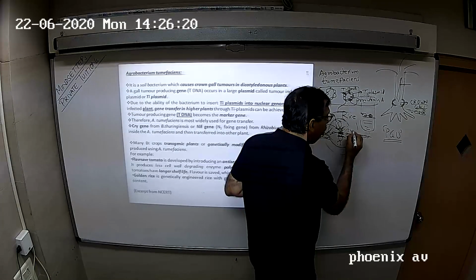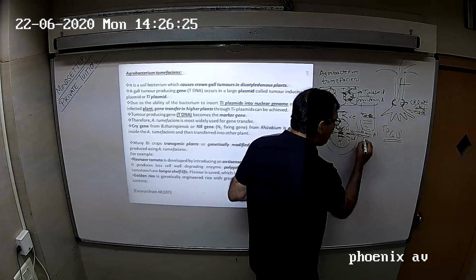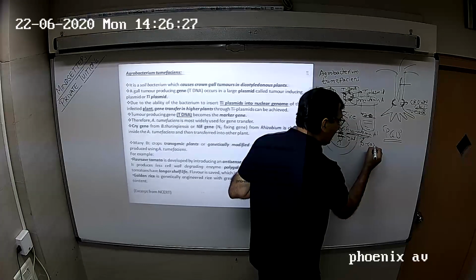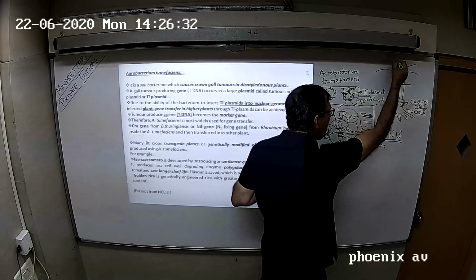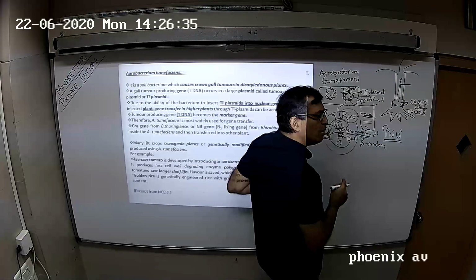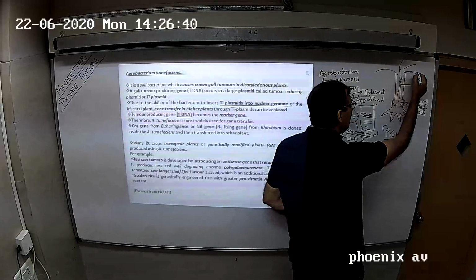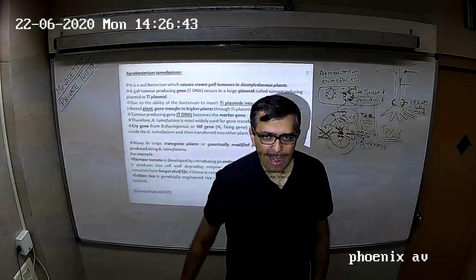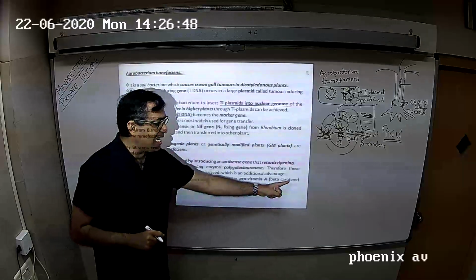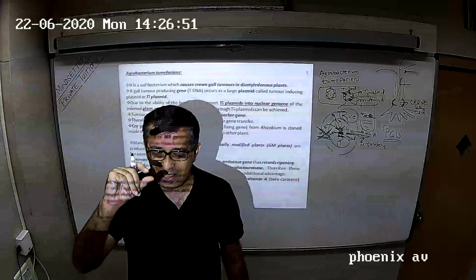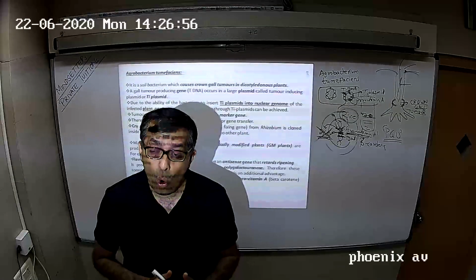T-DNA and provitamin A. When the rice plant grows, it will produce crown gall tumor, which is a marker. It's a benign tumor, it will not affect the plant. And what will the rice produced in that plant have in it? A lot of provitamin A or beta carotene, and this rice is not white. It becomes yellowish in color and is called golden rice.